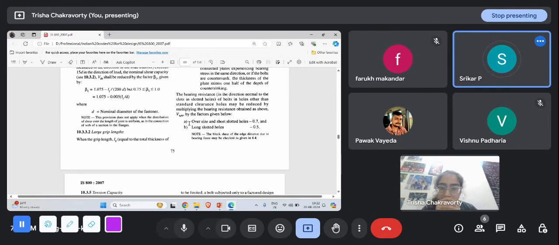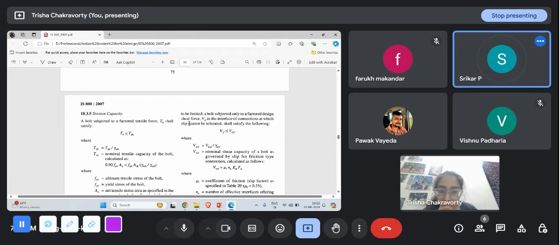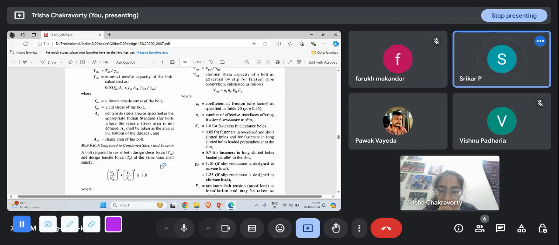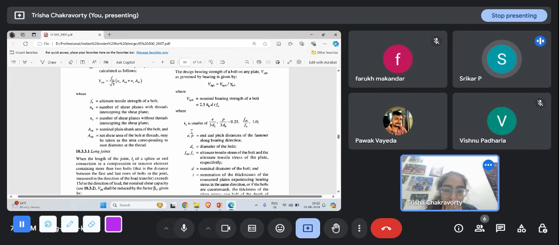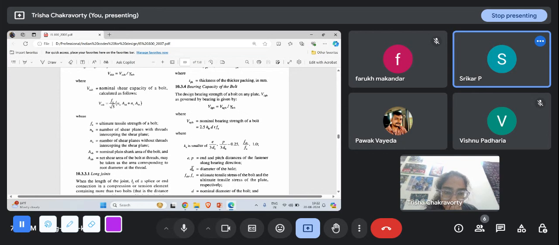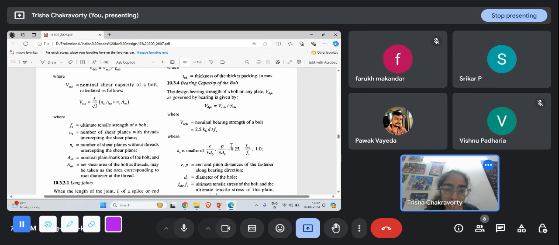Ah, yes, this is the one. So the fu represented is the ultimate tensile strength of the plate. Okay, one second. Design strength.